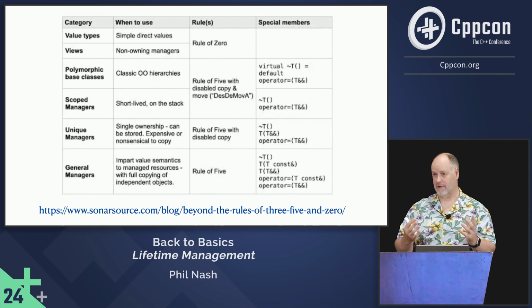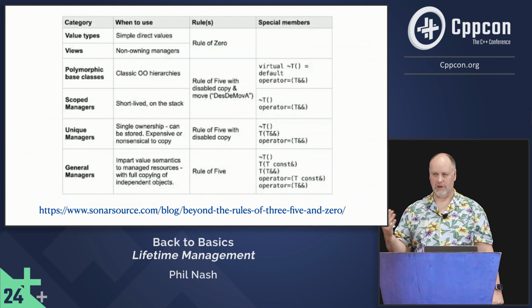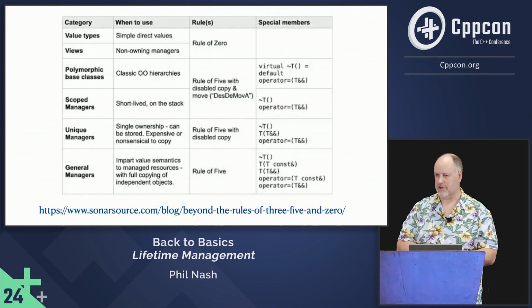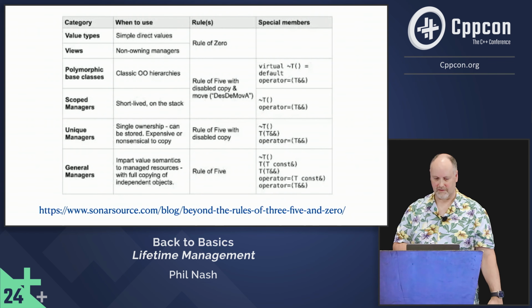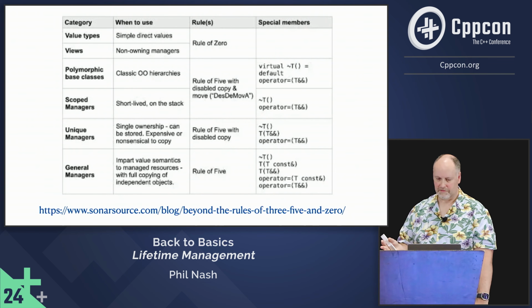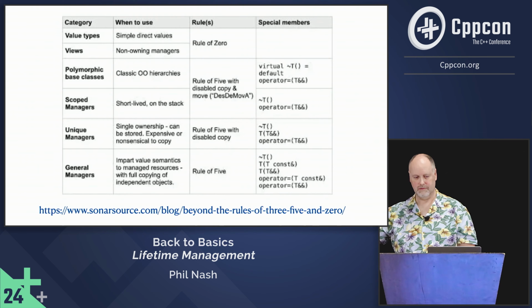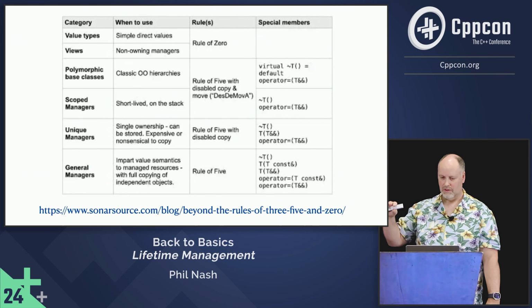Unique managers, perhaps the most useful. So unique pointer is an example of a unique manager. So it has unique ownership and move-only semantics. So again, we follow the rule of 5, but we disable or delete the copy operations. And we implement move.